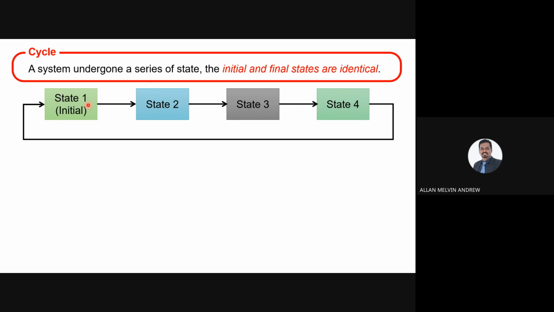But if the process moves from state one, two, three, four, and at the end state four comes back to state one, so state 4 and state 1 are the same, we call it a cycle. It will go round and round, depending on how many cycles your system or process has.